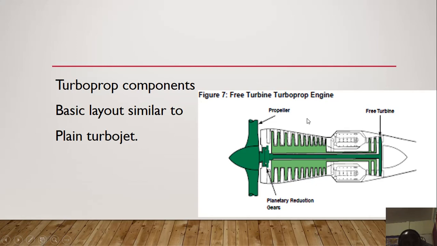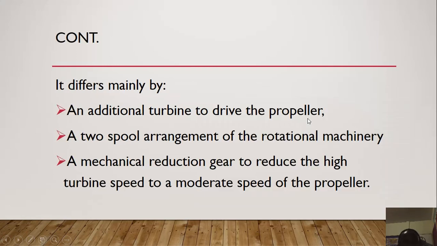This is a free turbine turboprop. It differs mainly by an additional turbine to drive the propeller, a two-spool arrangement of the rotational machinery. Then we have a mechanical reduction gear to reduce the high turbine speed to a moderate speed for the propeller.